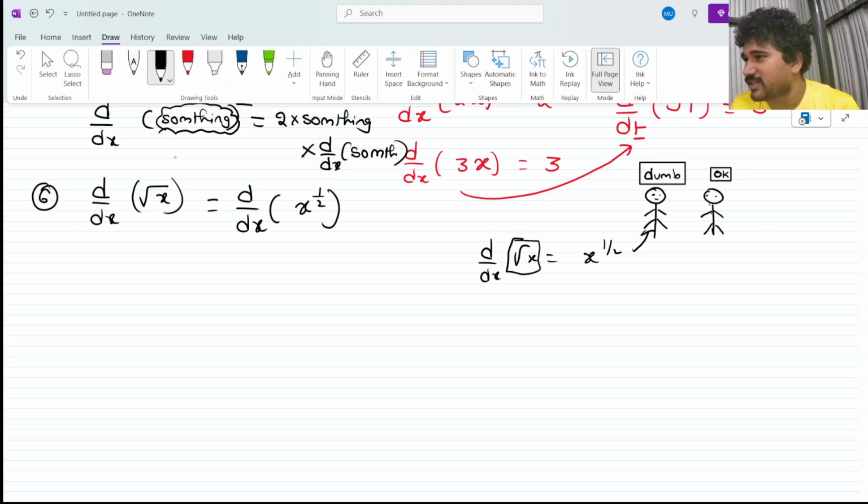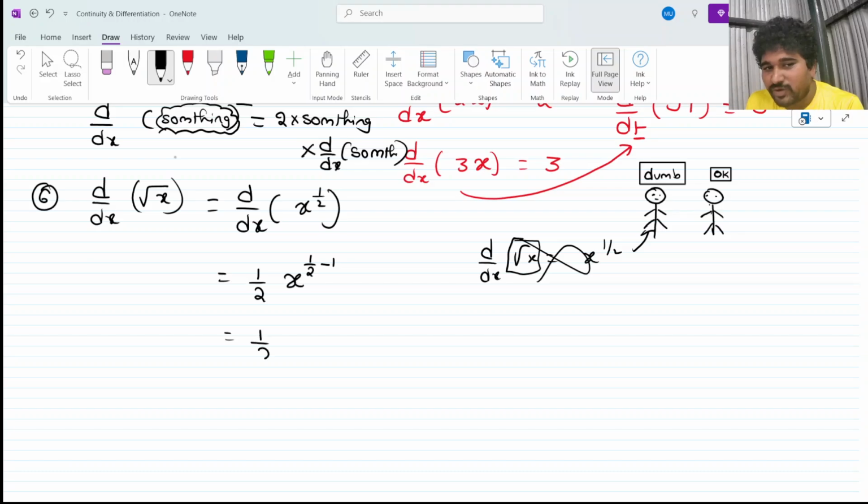Are you clear with that? They will think that. I saw many people. You didn't do differentiation. What is the differentiation of it? It is in x power n format, right? So what is its expansion? n into x power n minus 1. It will become 1 by 2 x power minus 1 by 2, because half rupee minus 1 rupee is minus half rupee.